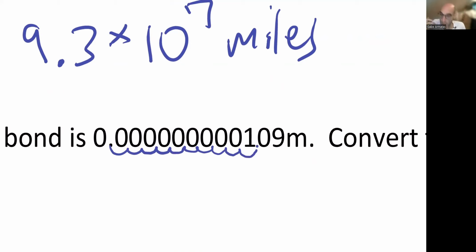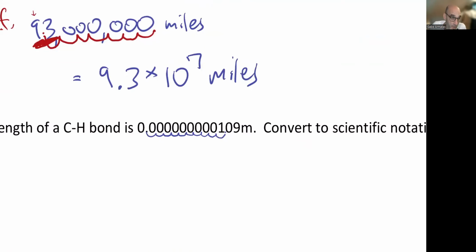I'm going to stop here because I have a digit in the ones place. So my coefficient is 1.09. All of these are significant. All those zeros are placeholding zeros, so we can ignore them.